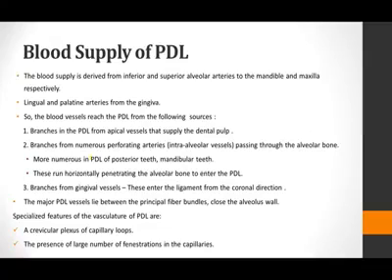These enter the ligament from the coronal direction, not the apical direction. The major periodontal ligament vessels lie between the principal fiber bundles close to the alveolus wall. So near the socket lining, we have numerous periodontal ligament vessels lying between the principal fibers.